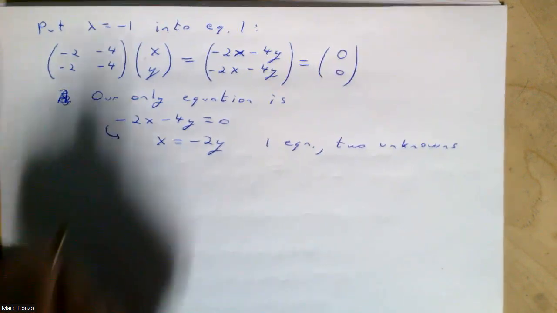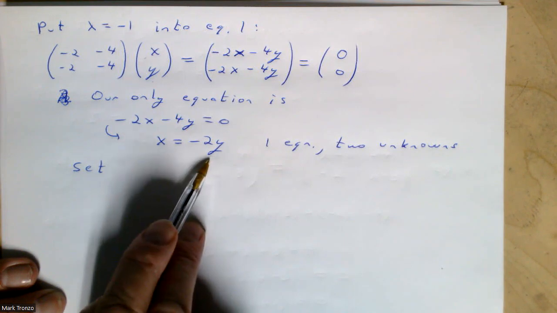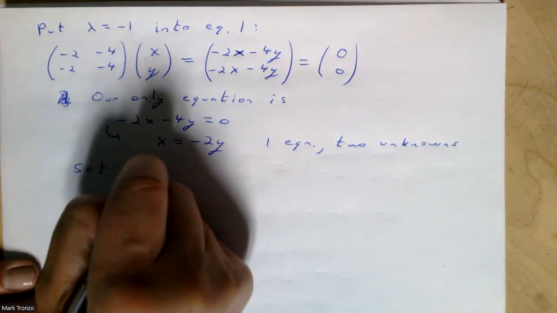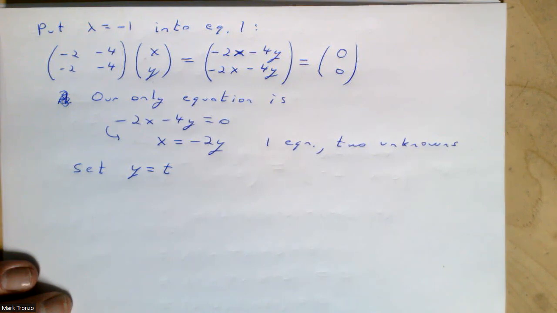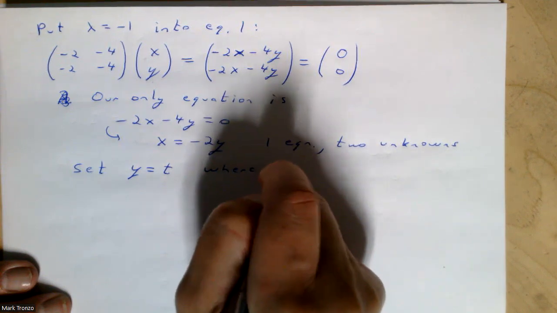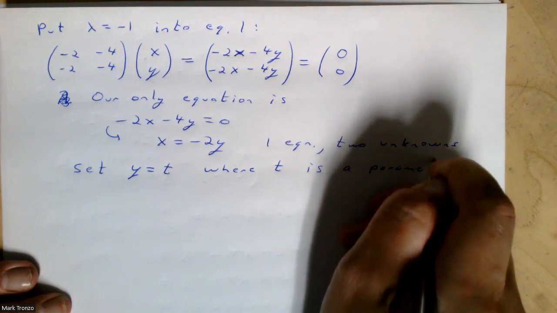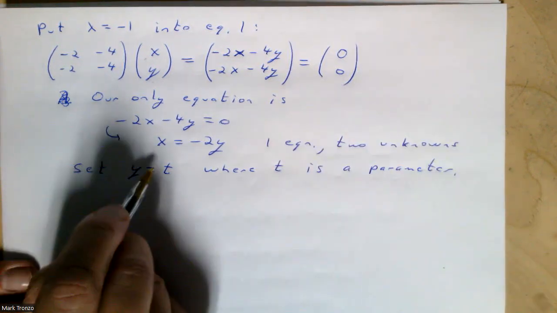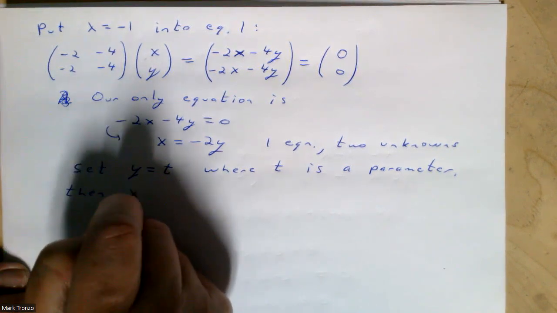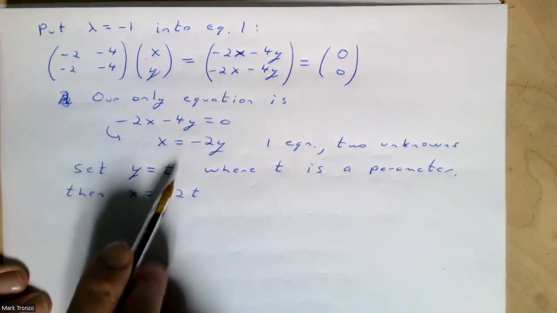What we do here is set one of the variables equal to a parameter. Probably most convenient to set y equal to the parameter t, where t is a parameter. So what that means is x equals minus 2t.